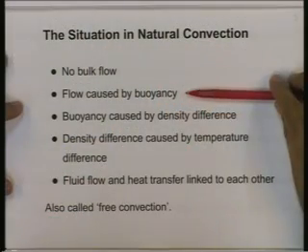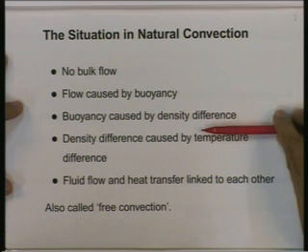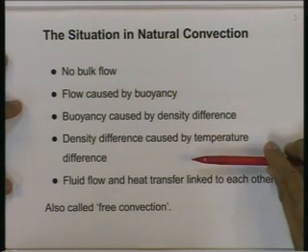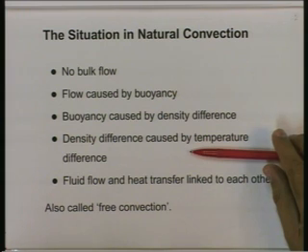So in short, the situation in natural convection is that there is no bulk flow. Whatever is the flow caused is due to buoyancy. The buoyancy in turn is caused by a density difference, and the density difference in turn is caused by the temperature difference between a surface and the fluid surrounding that surface.